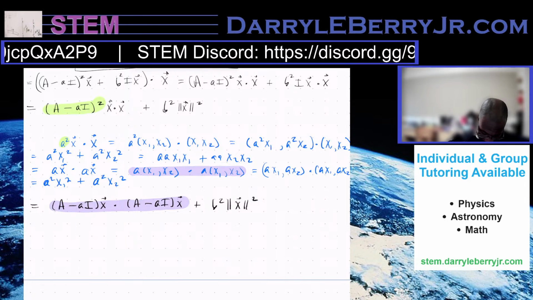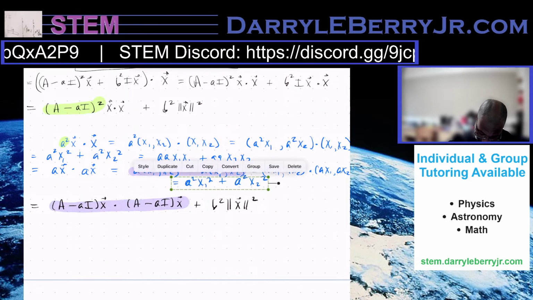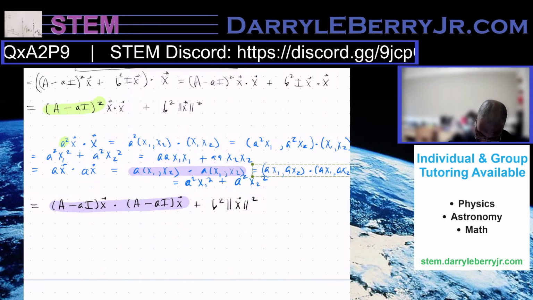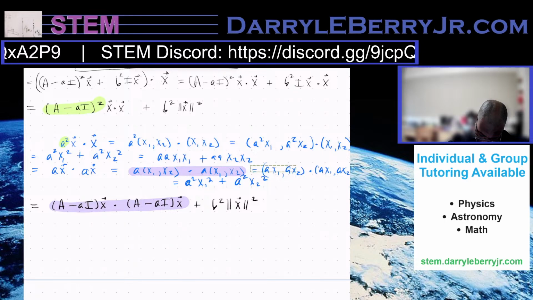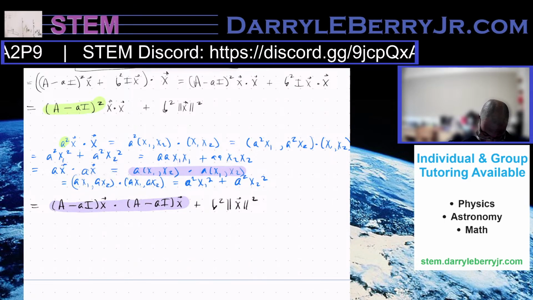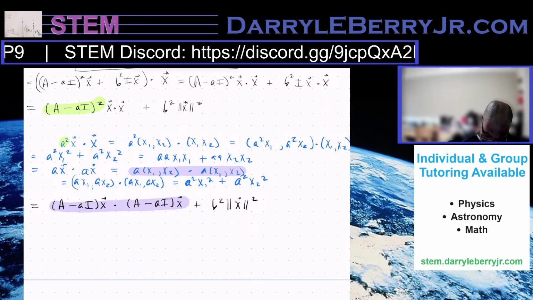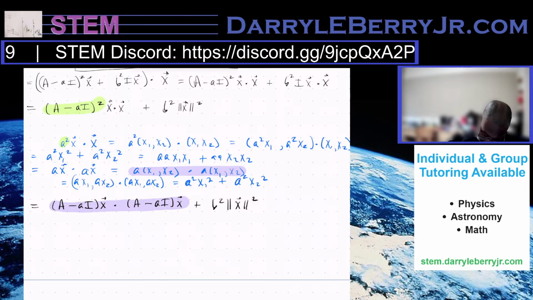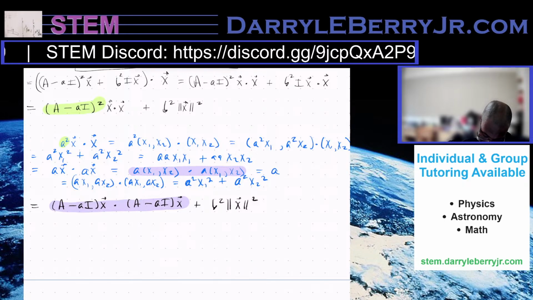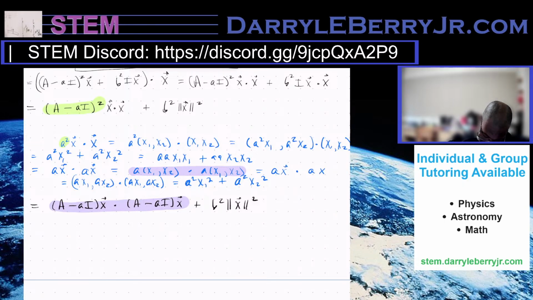And I feel like adding another step here will make this more clear. So I'll move this there, I'll move this here. So this equals Ax dot Ax.